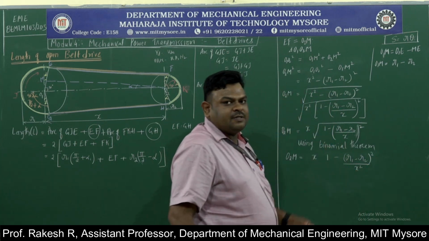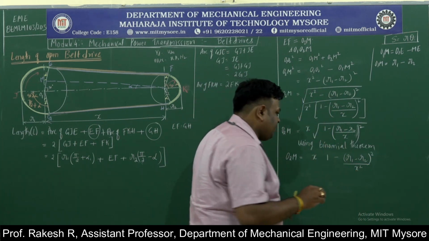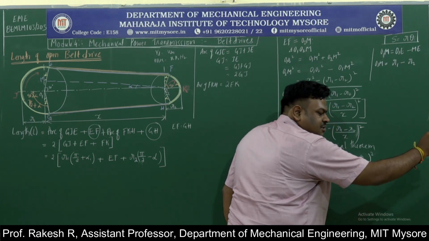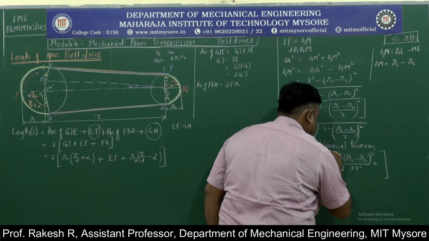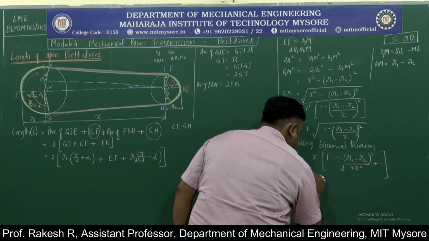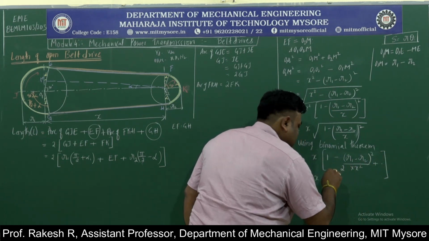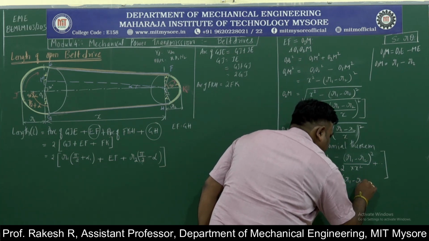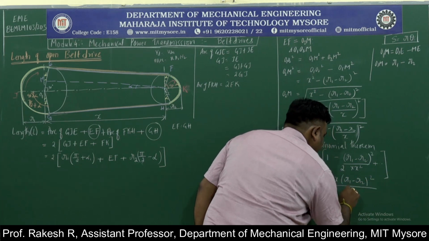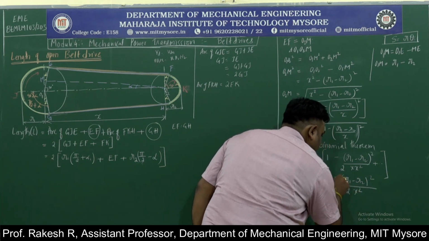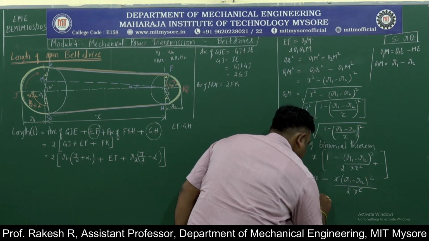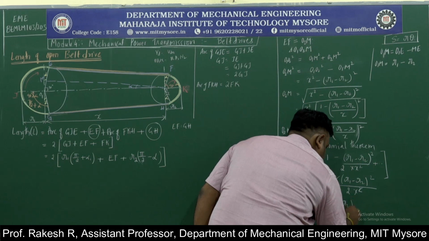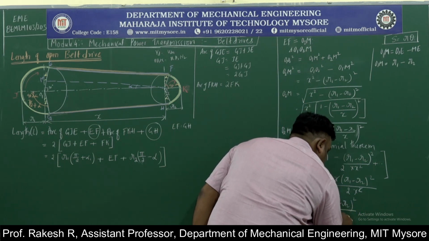I will be splitting the powers into factorial 2, that is nothing but 2, plus it goes on, since it is power up to 2, we will be considering it. x multiply with this bracket: x minus x into R1 minus R2 whole square divided by 2 into x square. x will get cancelled. This is x minus R1 minus R2 whole square divided by 2x.